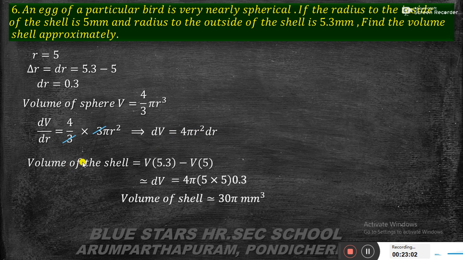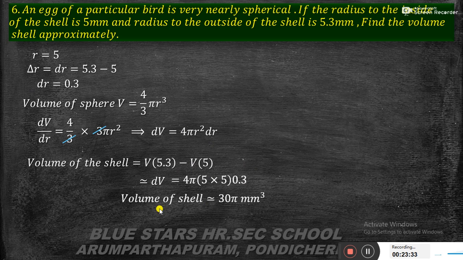So the volume of the shell equals the volume at radius r equal to 5.3 minus the volume at radius 5. Therefore dV equals 4 pi r square dr, where r square is 5 into 5 and dr is 0.3.